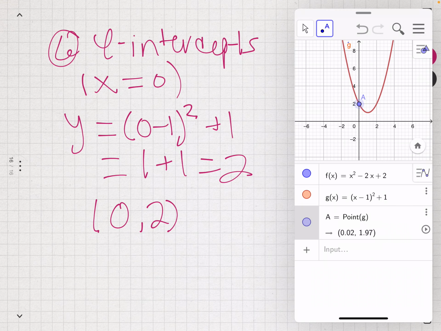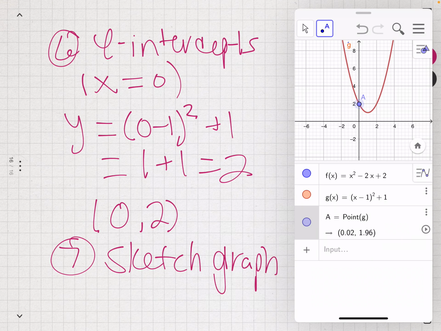Oh, there it is. Oh, it slid again. Let's see if I can manage to let go while I'm at 0, 2. So there was 0, 2. Close enough. You saw that 0, 2 was there. And then sketch the graph.